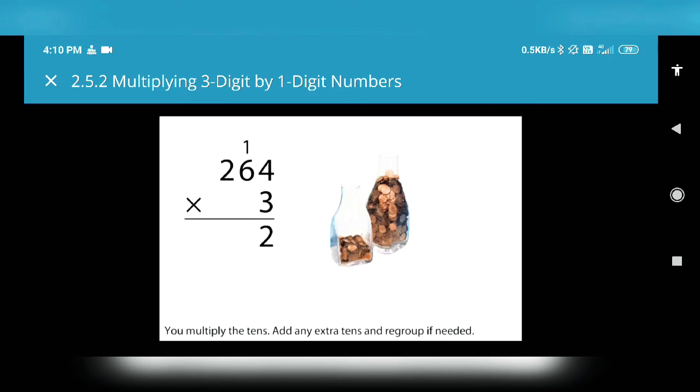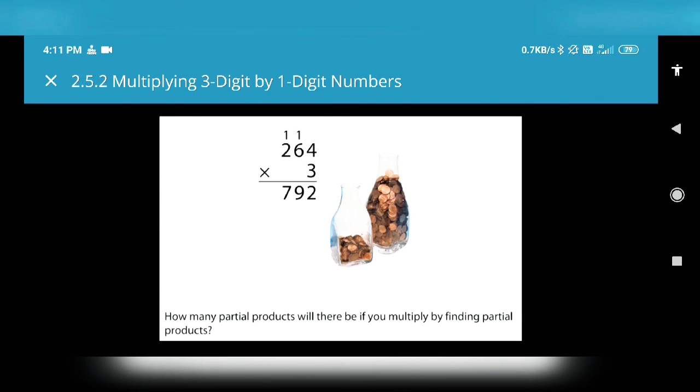You multiply the tens. Add any extra tens and regroup if needed. Is there an 11 above 264? No, there is 1 regrouped 10 and 1 regrouped 100. Now multiply the hundreds. Add any extra hundreds. There are about 792 pennies in the large bottle.